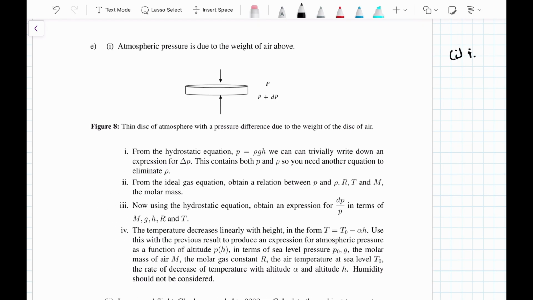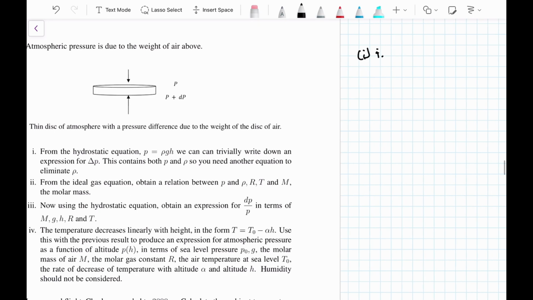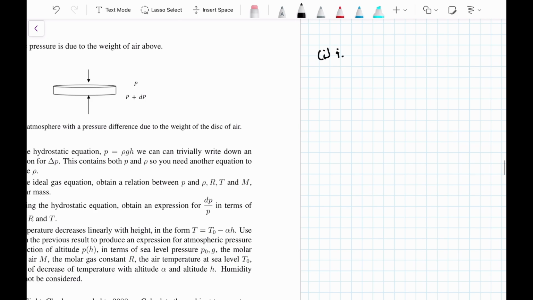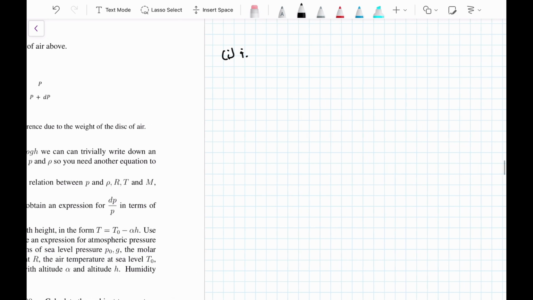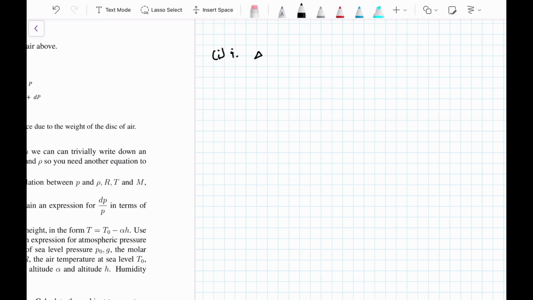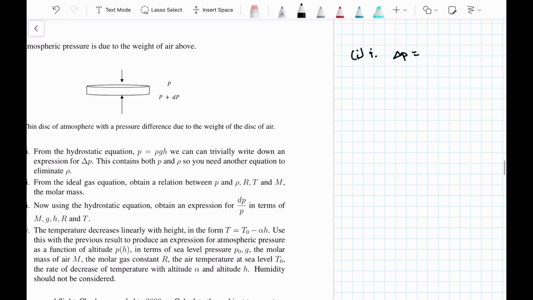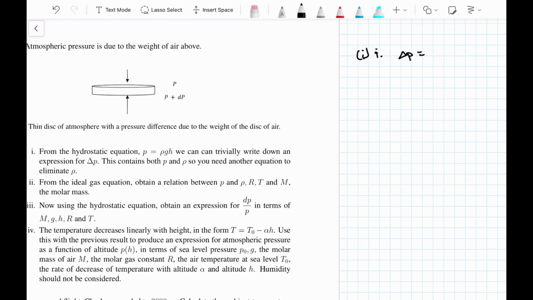So from the hydrostatic equation, pressure is rho gh, and for delta P, let's write delta P first. Delta P is essentially caused by the difference in the height, because the only variable in this case would be h.